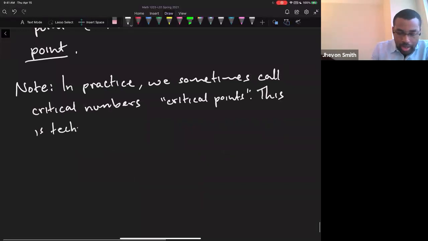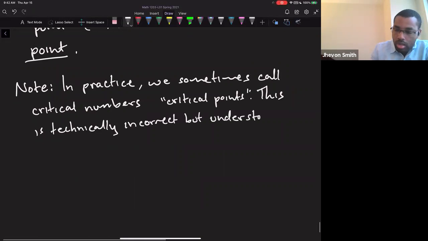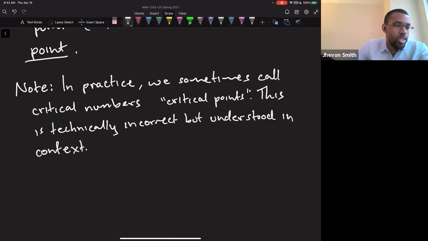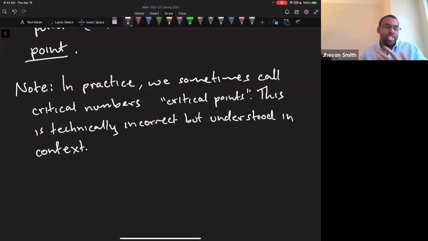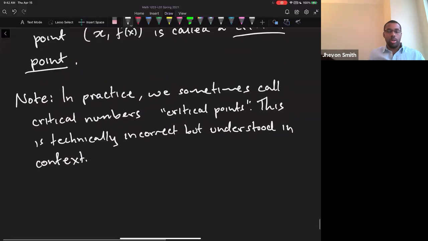This is technically incorrect, but it's understood in context. So in the past, when I told you to find the critical points, usually what you looked for was the x value where the derivative was 0 or undefined. Technically, if I ask for a critical point, you're supposed to give me the whole coordinate. But often we just take the x value as the critical point, and we know that we could find the coordinate if we wanted to. So just be aware of that.